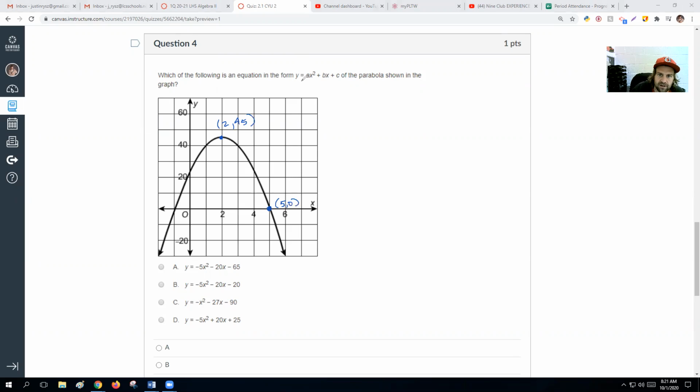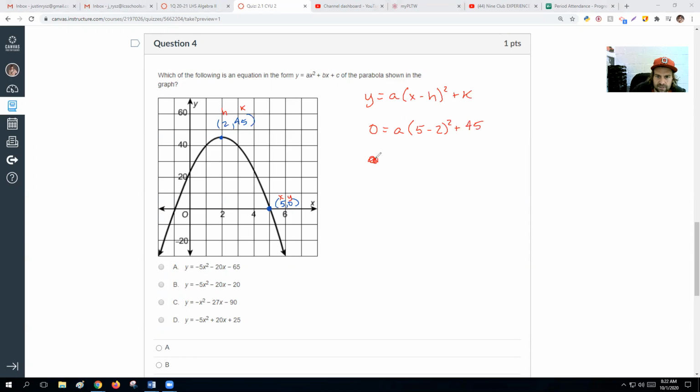So let's pick our h and k, and this is our x and y, and plug it into y equals a times (x minus h) squared plus k. So y is 0, a we don't know, x is 5, h is 2, k is 45.